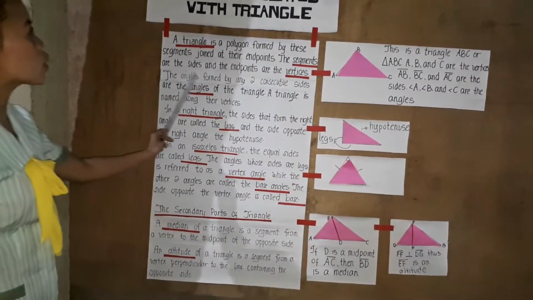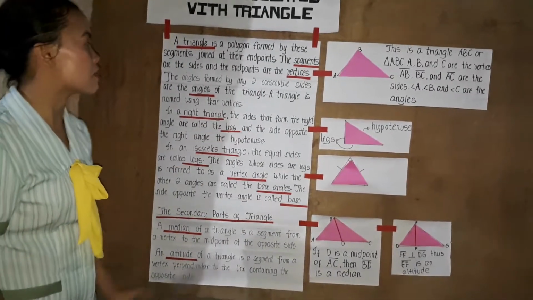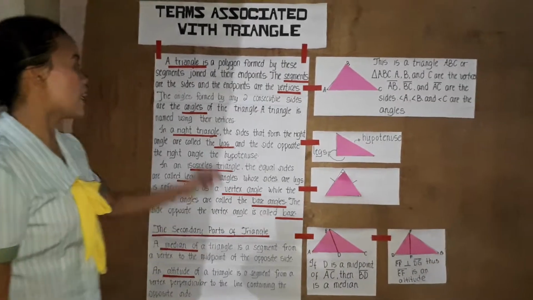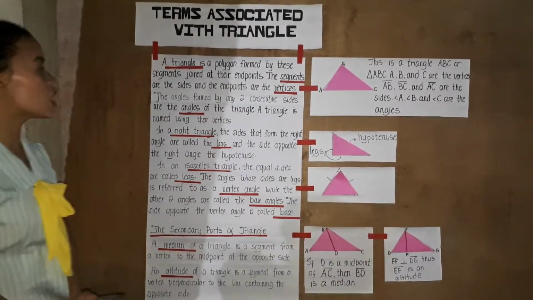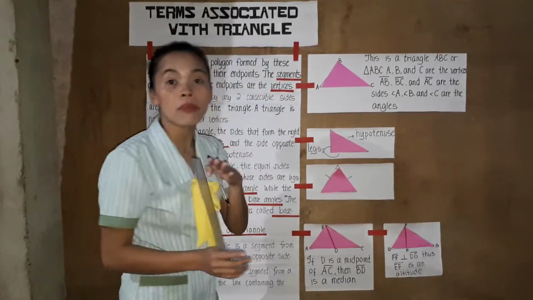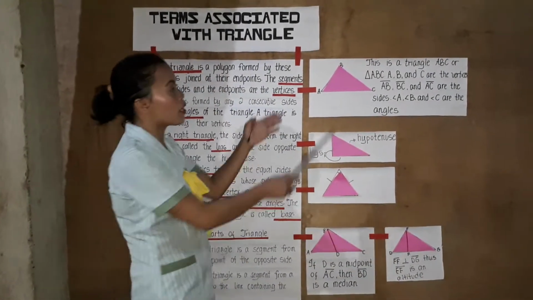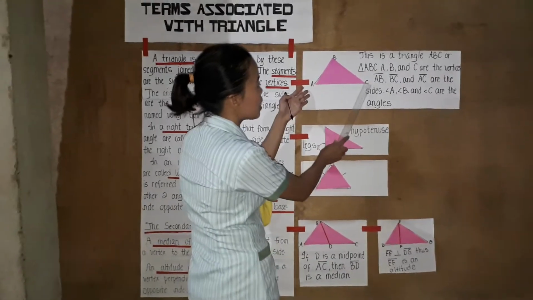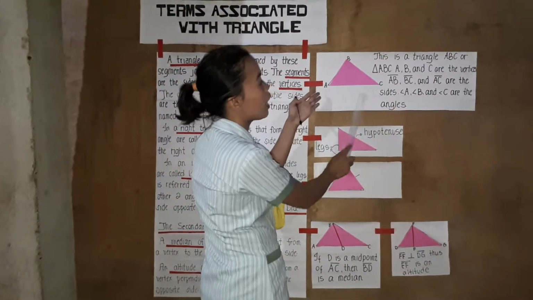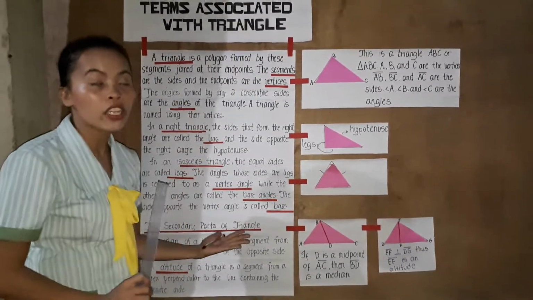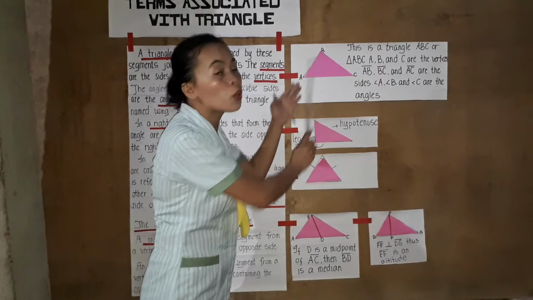Okay, so the angles formed by any two consecutive sides are the angles of the triangle. And a triangle is named using its vertices. So for example, we have here a triangle with A, B, and C. We call it triangle ABC because, as I mentioned earlier, a triangle is named through its vertices.